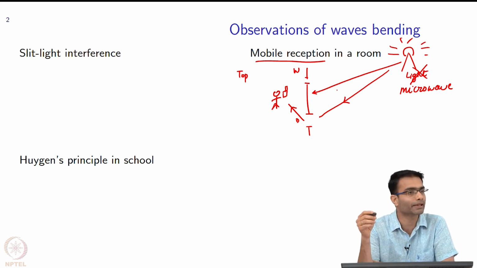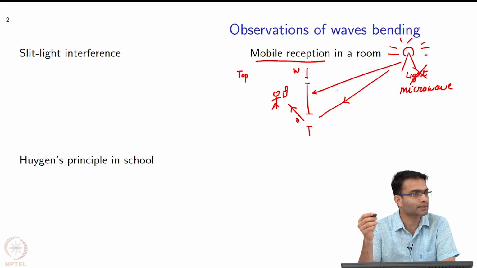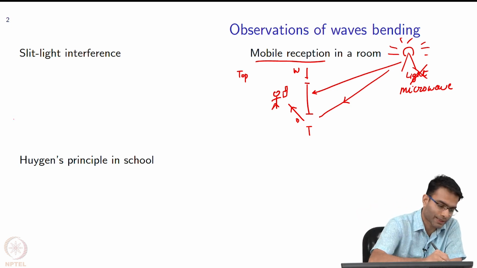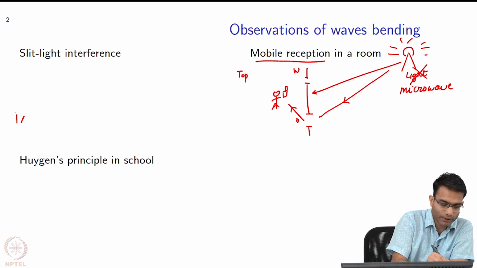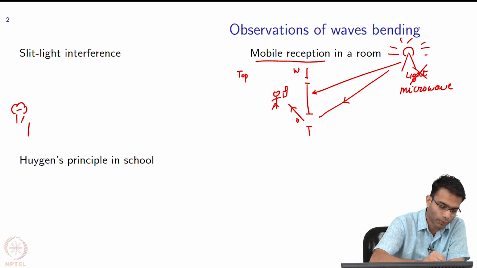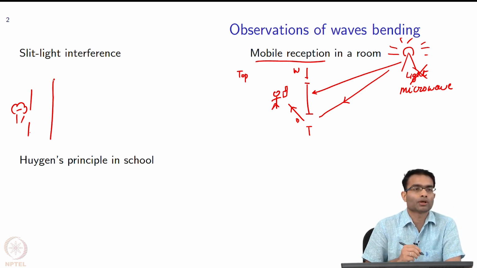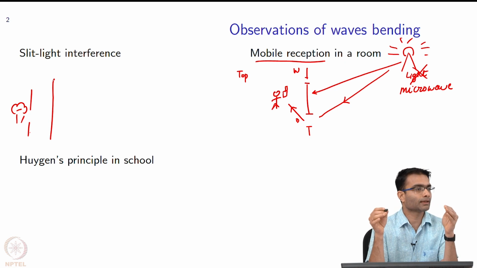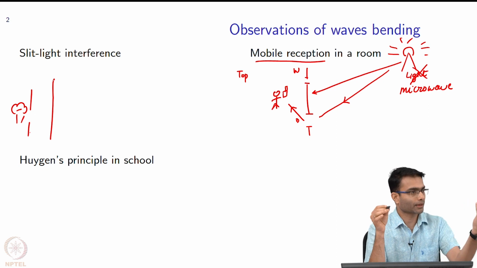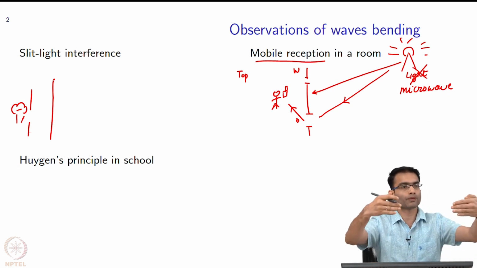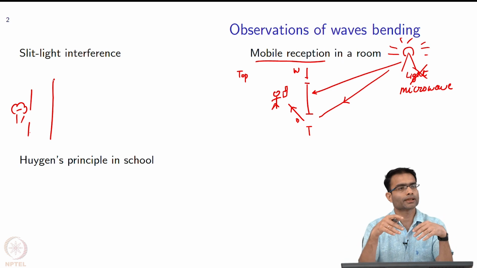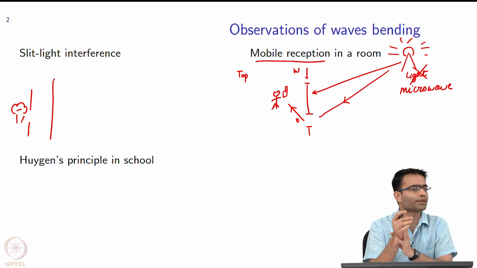So, this is in day to day life. In physics also we have seen this happen. All of us have studied Young's double slit experiment and all of these things in high school. The basic idea there is, supposing I have a light bulb over here and I put a slit and a screen over here. Now, if the slit is much bigger than the wavelength of light, for example, I take a 100-watt bulb and I put in front of it a barrier with a hole in it, and that hole is, let us say, 10 centimeters.